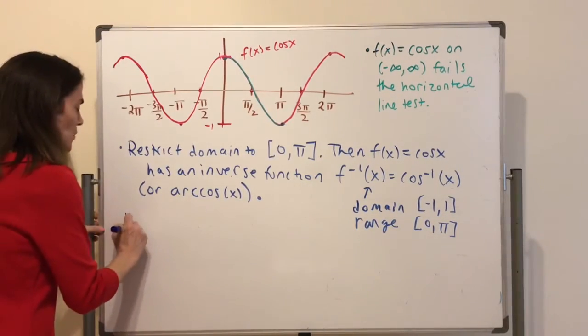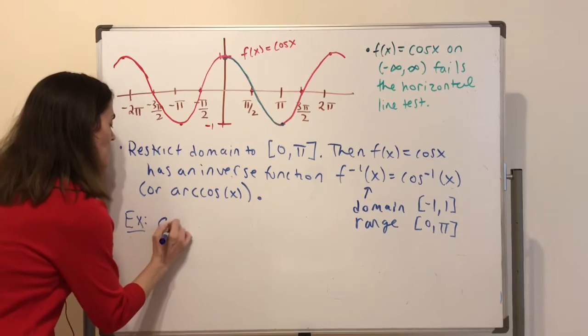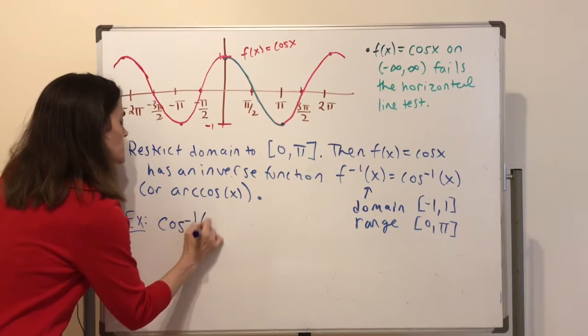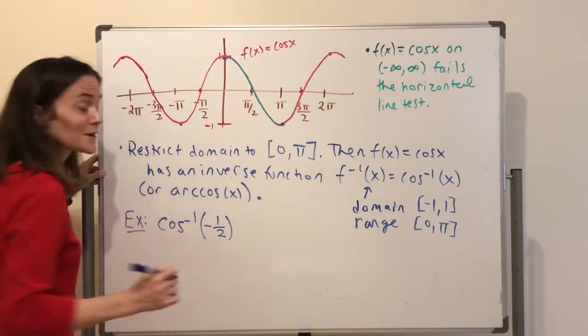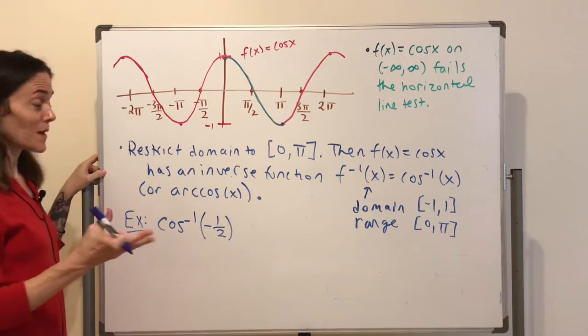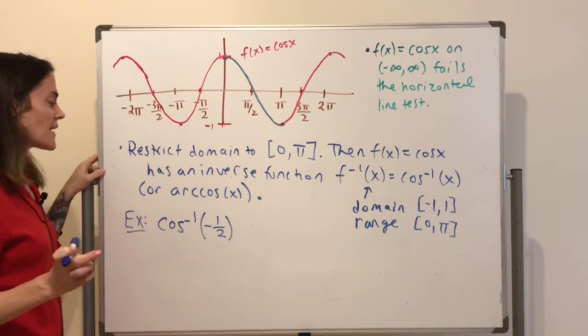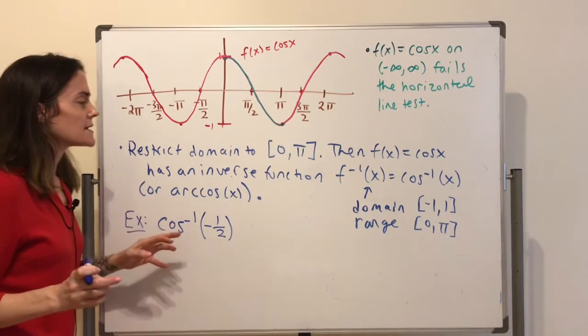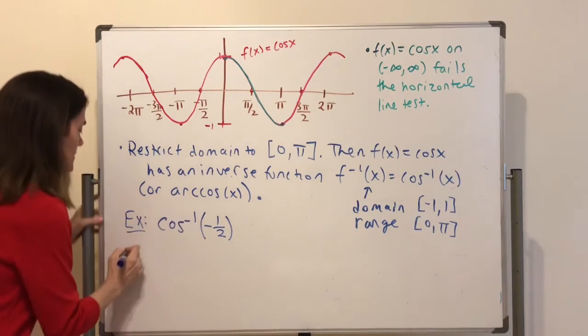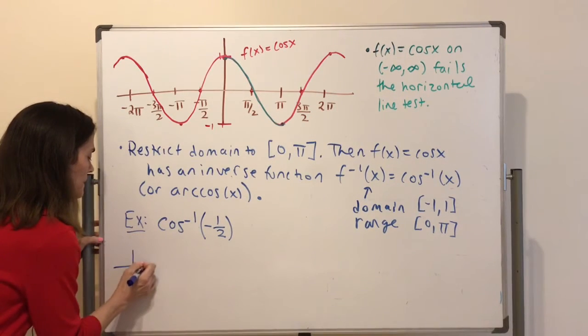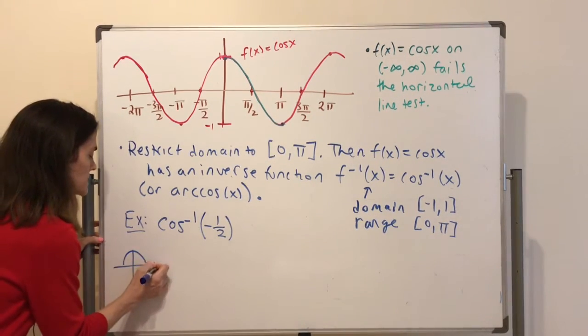So just as a quick example, let's say we want the cosine inverse of -1/2. I think we did sine inverse of -1/2. Well, here's cosine inverse of -1/2. This says we're between 0 and pi.